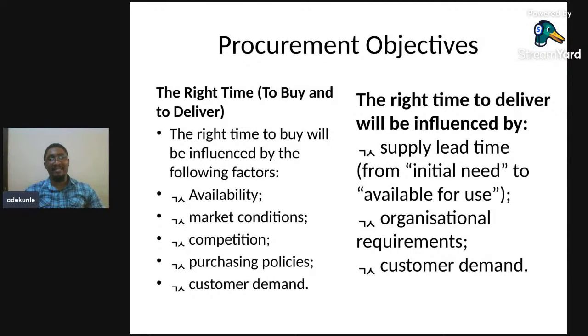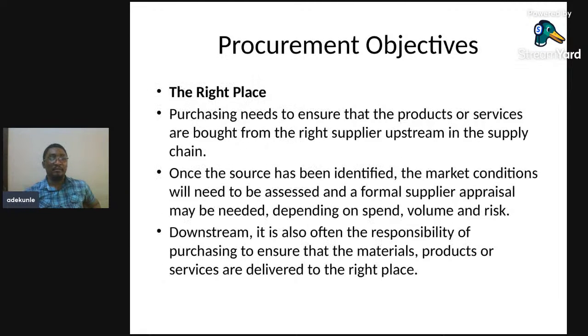The right time to deliver or supply a product to the market will be influenced by the supply lead time from initial need to when the product is available to use, organizational requirements, and also customer demand.